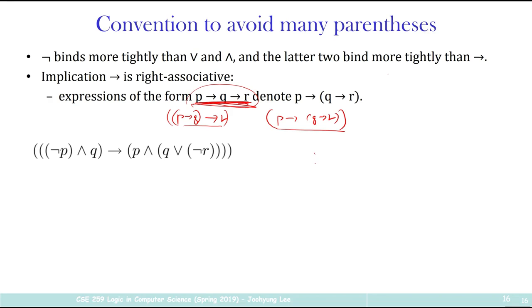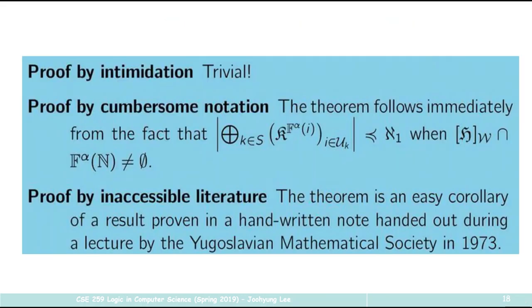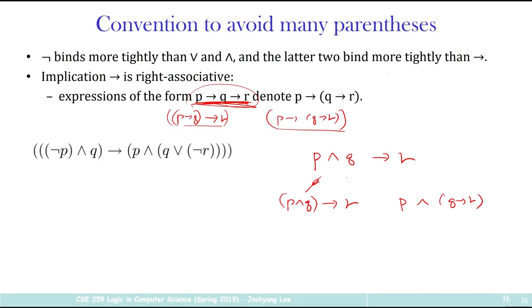And if you see something like this, again it is confusing whether I really mean that P and Q implies R, or P and Q implies R grouped the other way. So this string can be ambiguous.